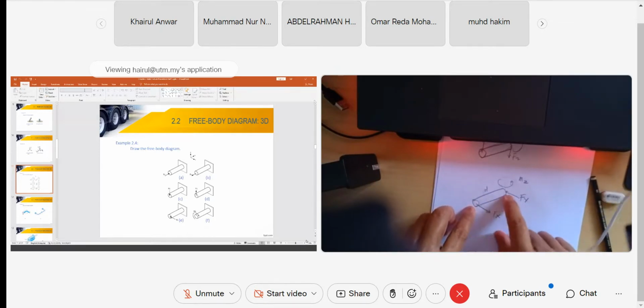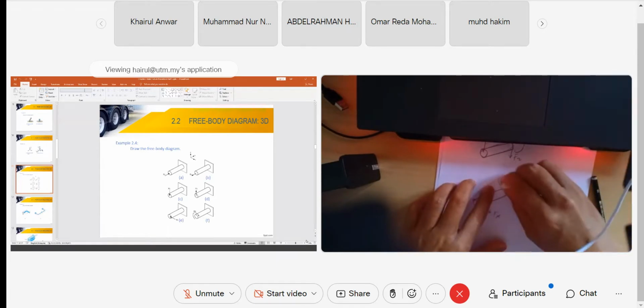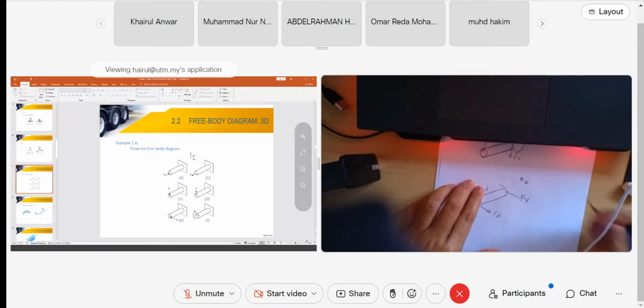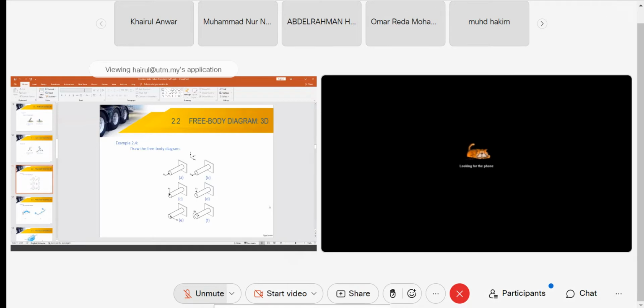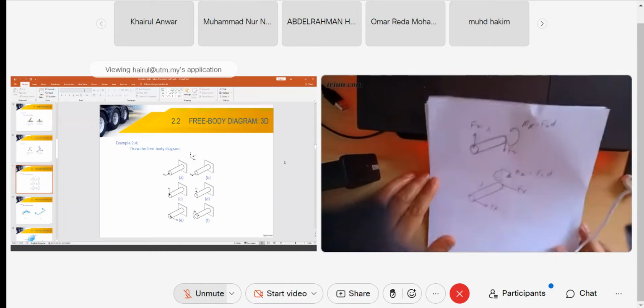This one times the distance goes upward z, but at the end there must be a reaction. Understand, class? It should go like this: Mz should be downward. Clear? Can you see? Okay or not?